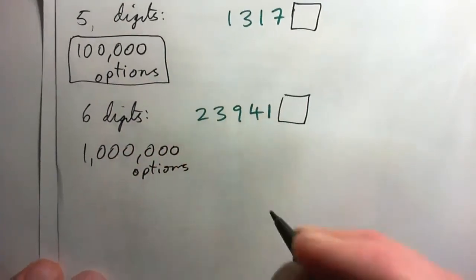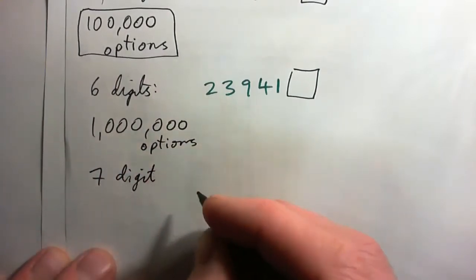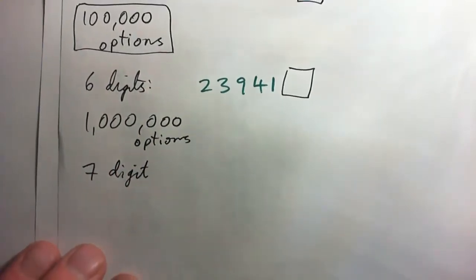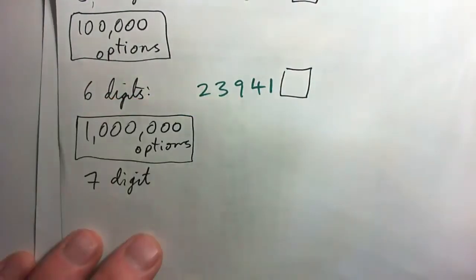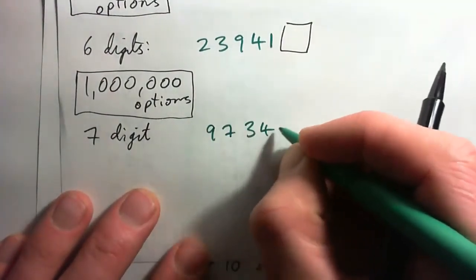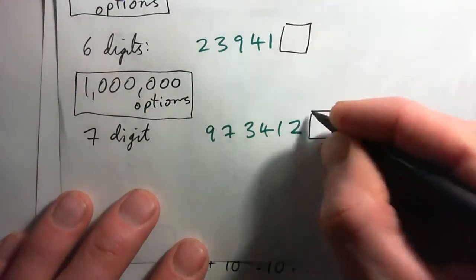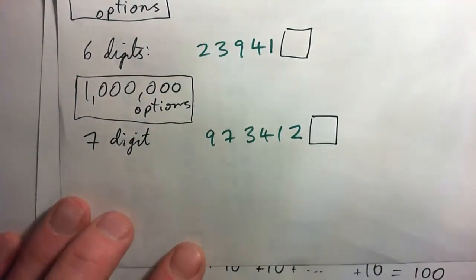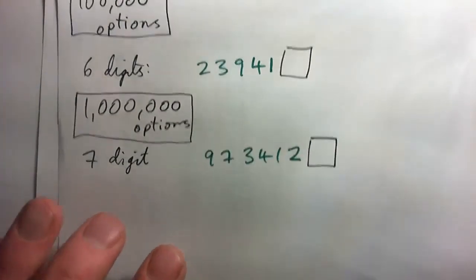Okay, and how about a 7-digit number? For a 7-digit number, same thing again. We can take any 6-digit number like 9, 7, 3, 4, 1, 2, and we can add on another digit that ranges from 0 through 9, 0, 1, 2, 3, 4, 5, 6, 7, 8, 9.